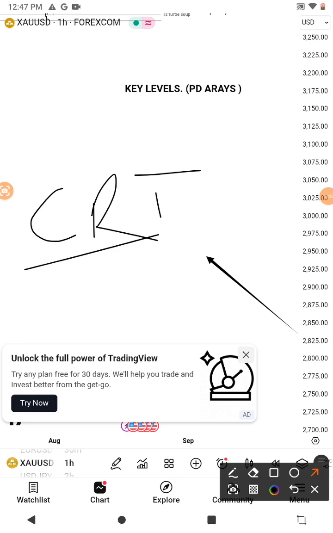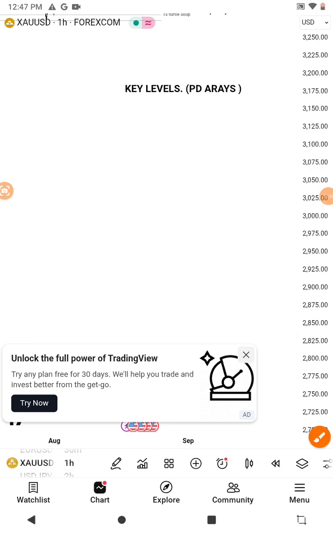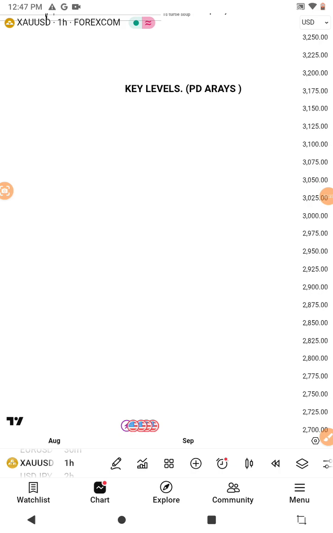So now the most useful key level, the number one thing you need to understand and use in a key level PDRA, is what? The fair value gap. Let me write it down so you can see it.